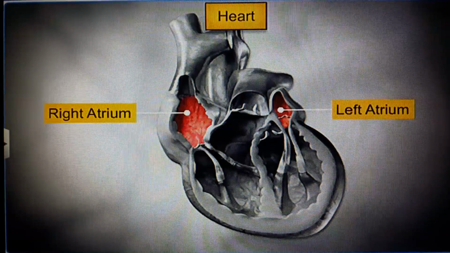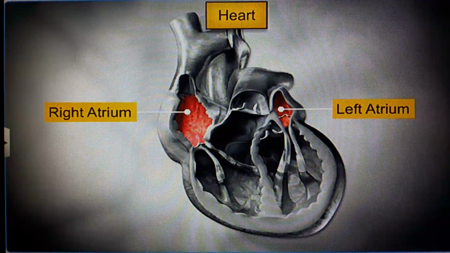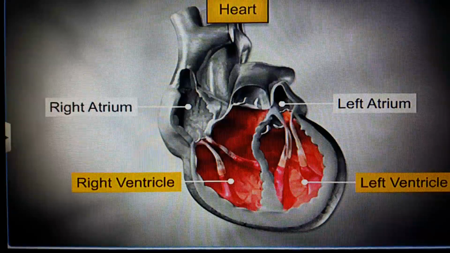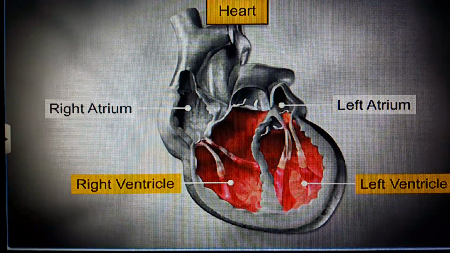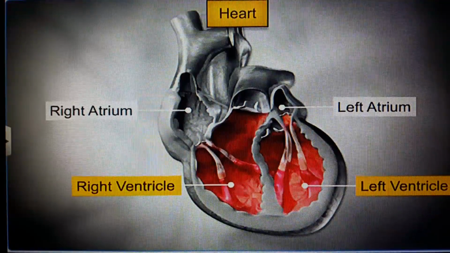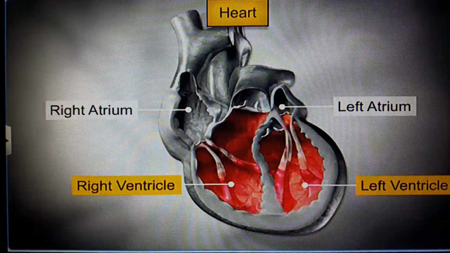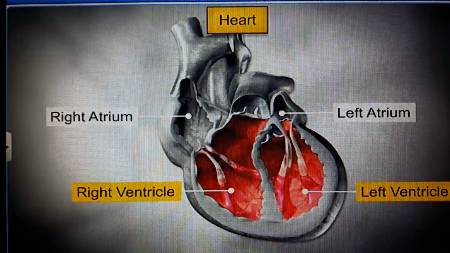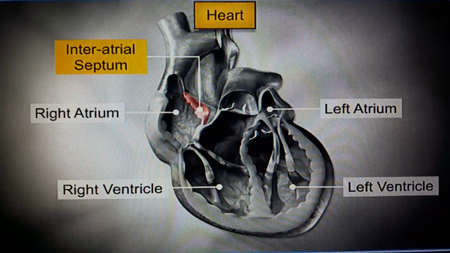Look at these two chambers, right atrium and left atrium. These are the upper chambers. And these two lower large chambers are the right ventricle and left ventricle. The two ventricles are marked by an oblique interventricular groove or sulcus, and the two atria are separated by the interatrial septum.